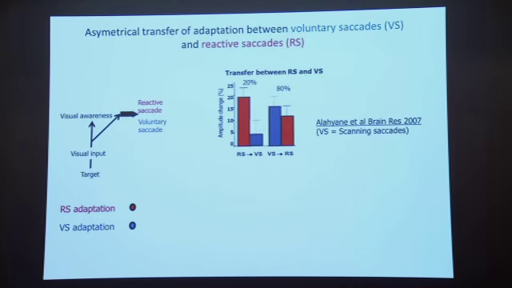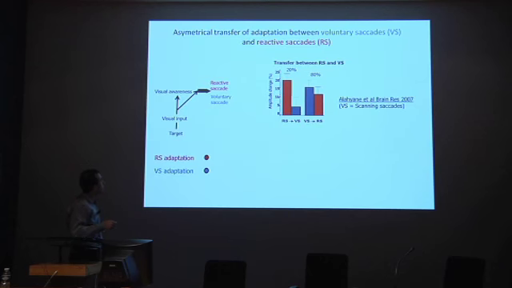And now I will try to summarize some years of research using these two paradigms in order to compare adaptation of reactive saccades and of voluntary saccades. The first experiment that we did in this line was performed by Nadia Layan. With Nadia, we adapted reactive saccades and we measured the size of voluntary saccades.